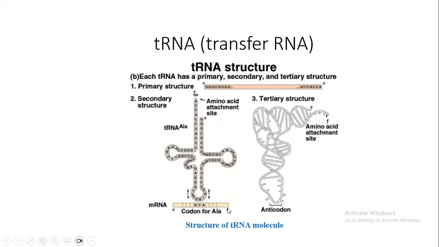So this allows specific base pairing between the codons of the messenger RNA and the anticodons of the transfer RNA molecule. To the 3' hydroxyl end of the transfer RNA molecules, the amino acid is attached during the bond formation between amino acids and the transfer RNA.